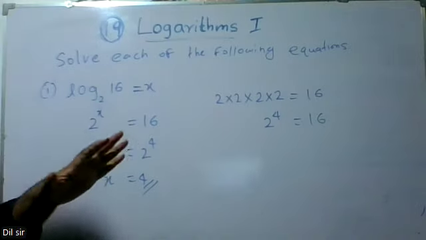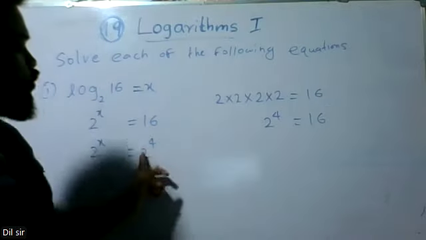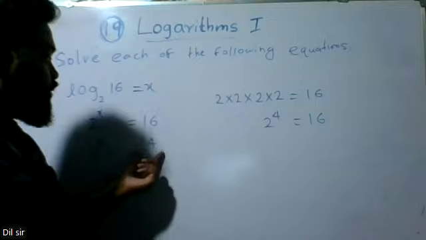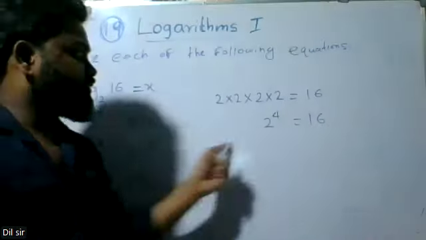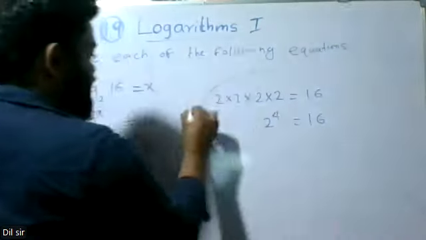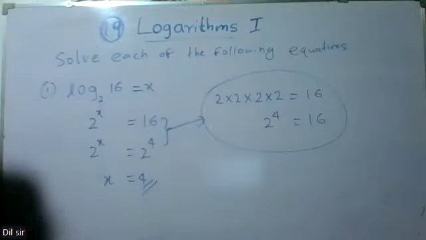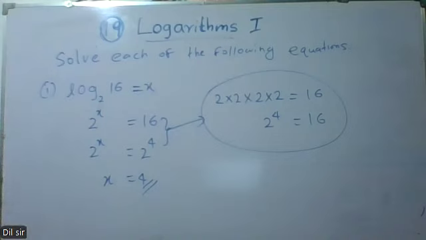I think it is clear why we write 2 to the power 4 instead of 16. That is the reason we did this. Because of that. Right, take a screenshot or quickly copy down.